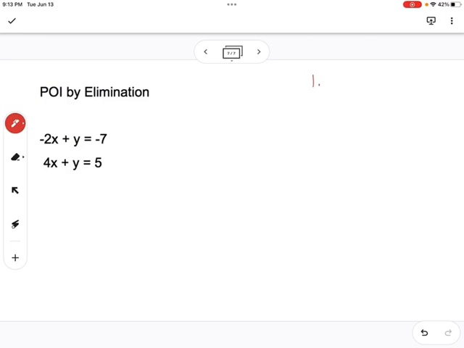So we need to make sure all of our terms line up. Okay, so that means your x's are stacked, your y's are stacked, and your constants are stacked. We have that. Next, we want either the number in front of the x to match, or we want the number in front of the y to match.